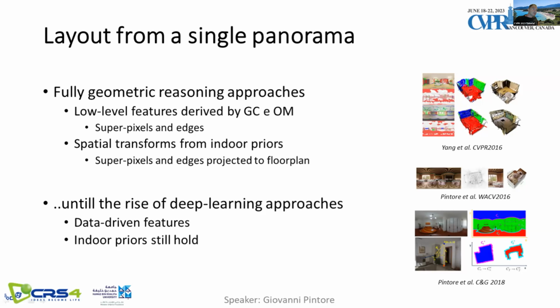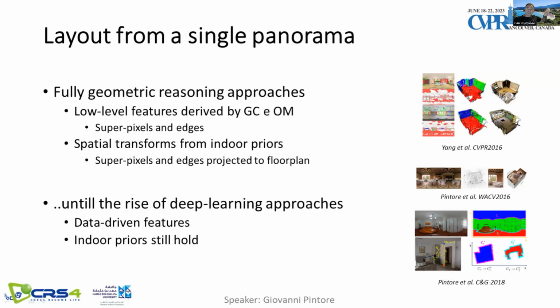That is very similar to the architecture we have seen for depth estimation in the session before, where we have one branch for the perspective analysis and one branch for the equirectangular analysis. Here, in the case of layout, we need just the perspective branch, because we are interested just in the shape, not in recovering the omnidirectional depth map.